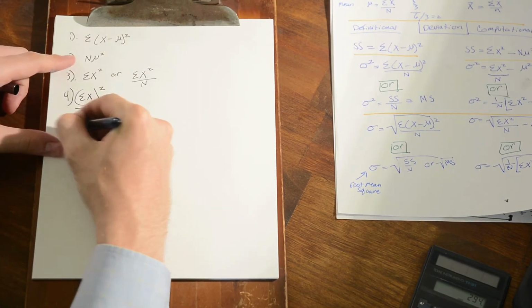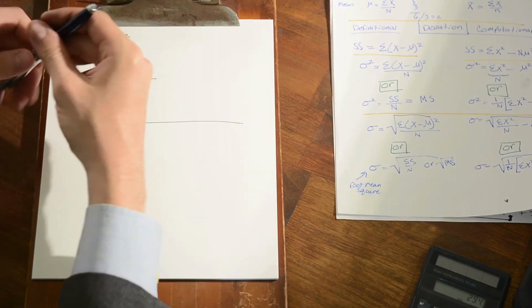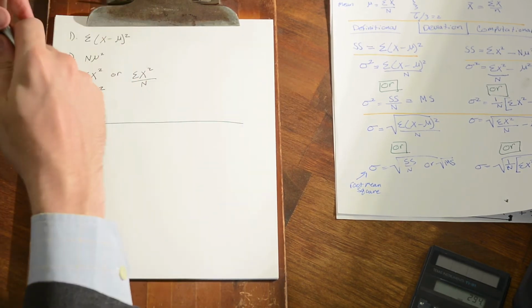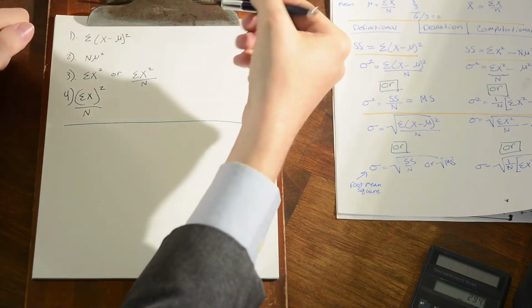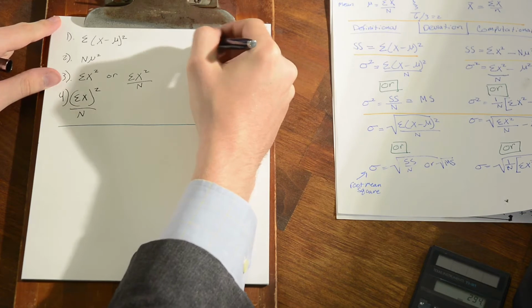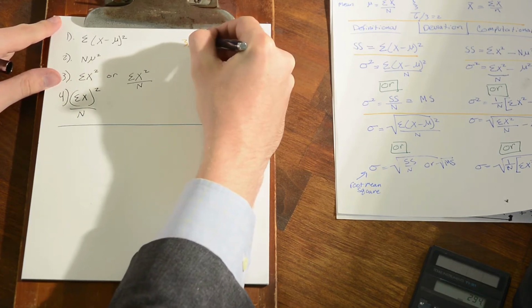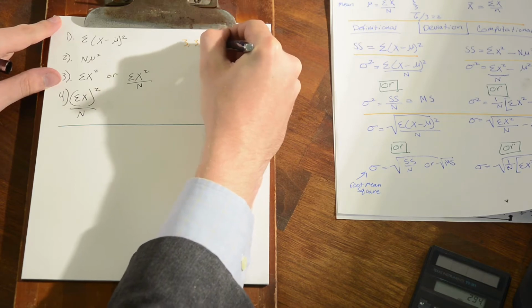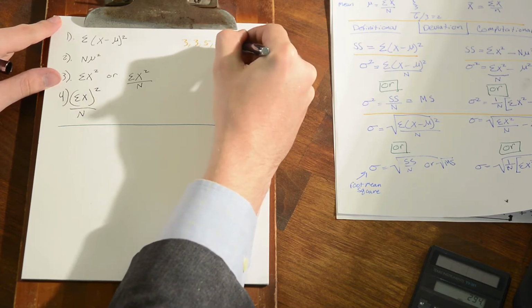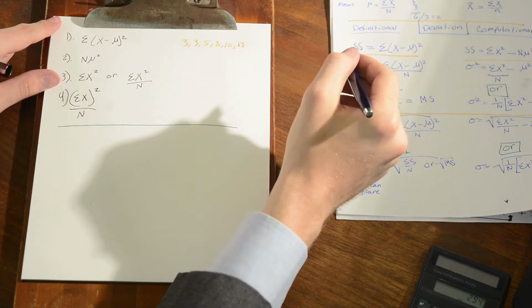Well, let's draw a line off. I think the best way is to go through with some sort of data set. Let's go with something that isn't a multiple of 5. So let's say 3, 3, 5, 8, 10, and 13. That's a set of 6.